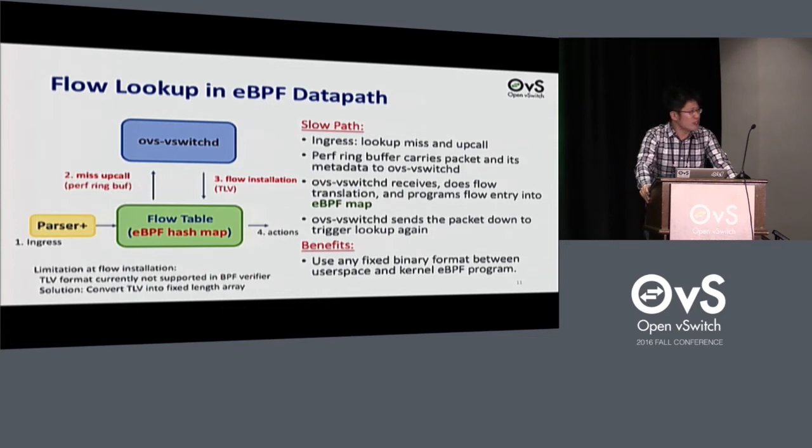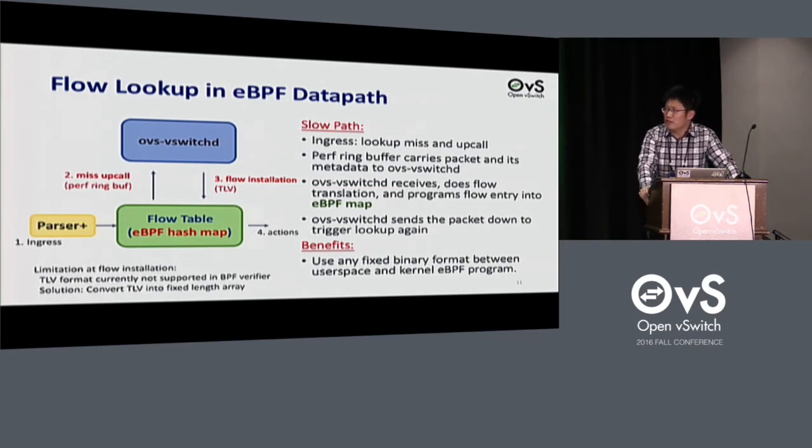To do this logic in eBPF, we try to follow the same flow. The packet comes to our eBPF parser, and then we look up in the flow table. Here we use an eBPF hash map as our flow table. Then again, we will miss the flow table lookup, and we have to do an upcall.